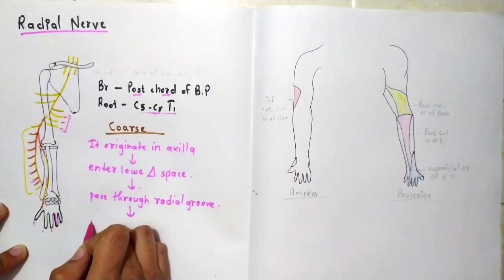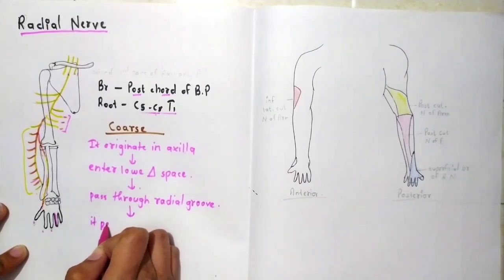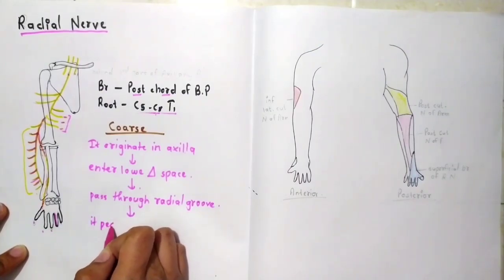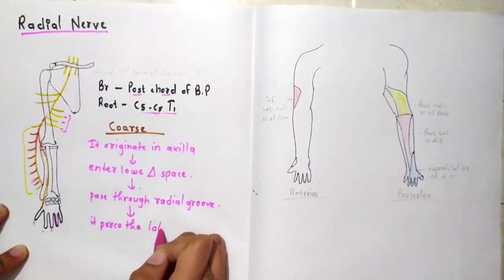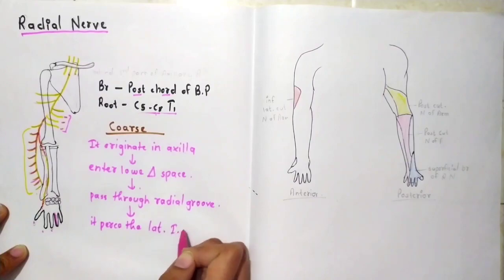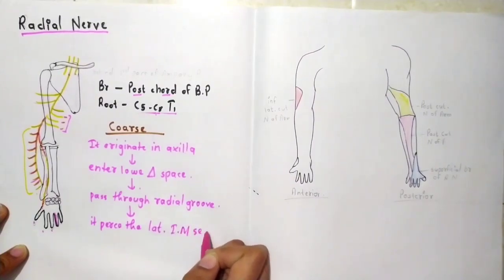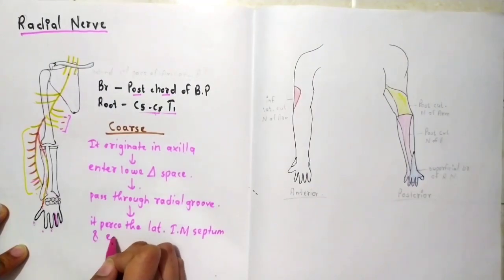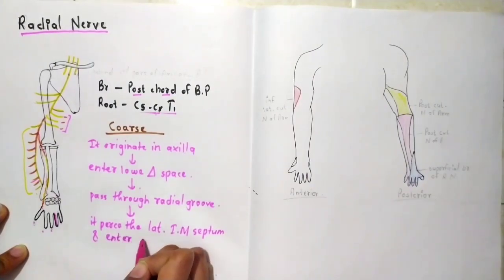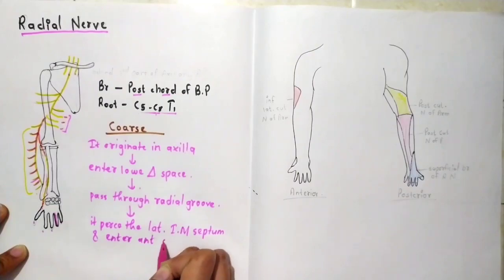After that it pierces the lateral intermuscular septum and enters the anterior compartment.